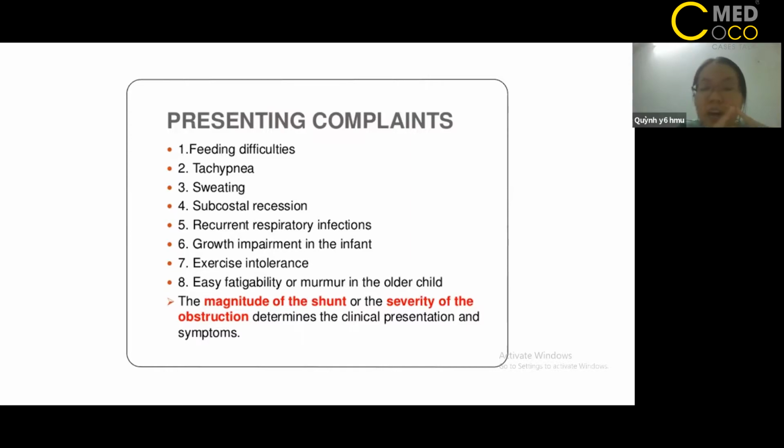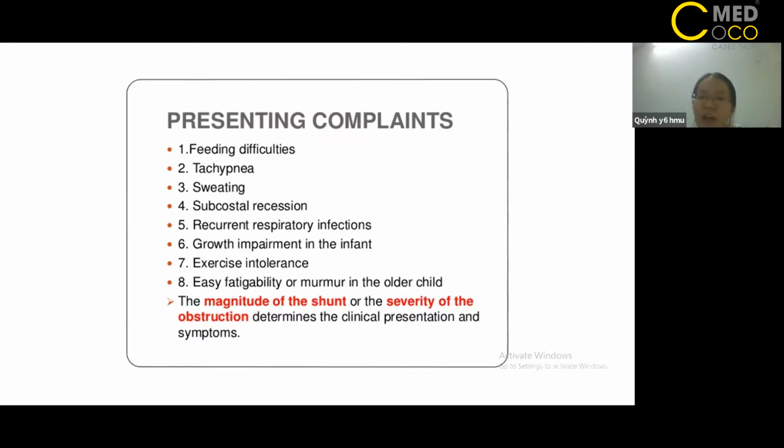But in congenital heart defects, the patient often complains of some symptoms that are not specific for any disease, but they try to explain and refer the physician to think about it.